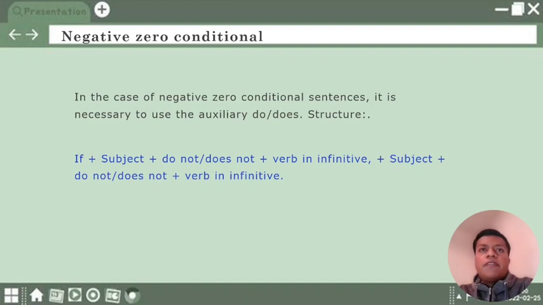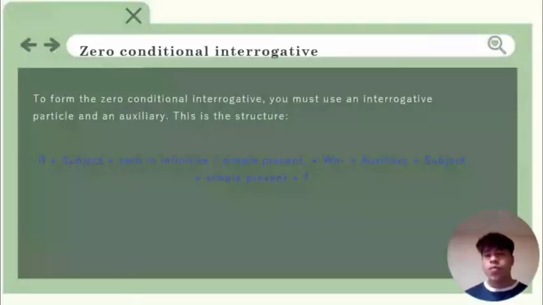My name is Pablo Eusebio Luciano, and the next point to discuss is the zero conditional in its interrogative form. For the interrogative form, there is not a structure in itself, but to form the interrogative zero conditional, an interrogative pronoun and an auxiliary must be used.